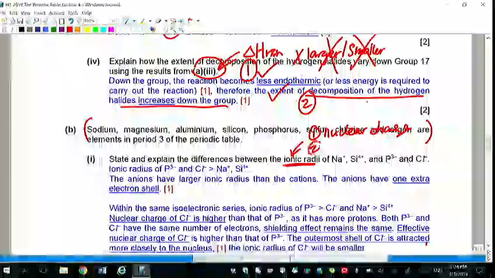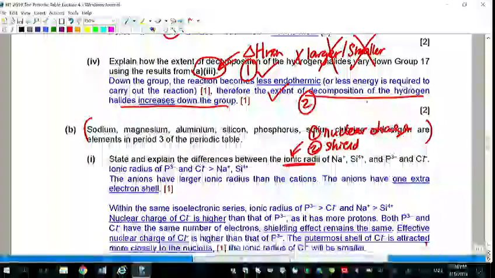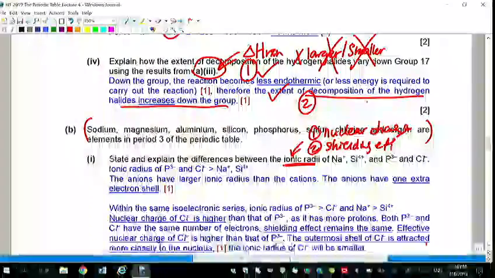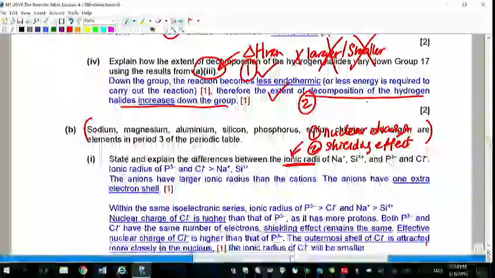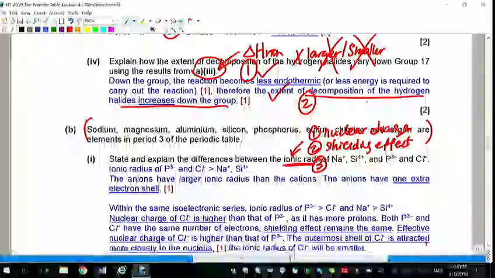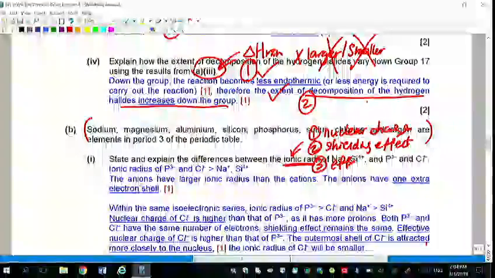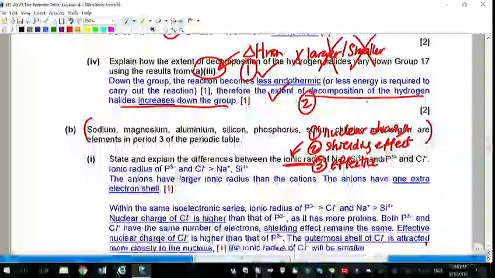The second thing I will consider is the shielding effect, where you talk about the number of electron shells. The third point is I will compare nuclear charge and shielding effect. Then you have a conclusion on the effective nuclear charge.